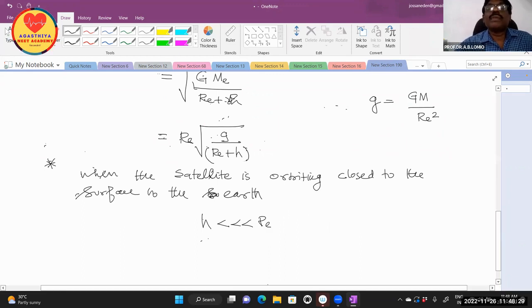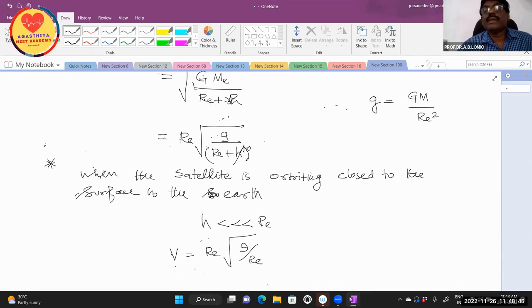So, all of you listen. In the denominator, if you put h equal to 0, the above formula becomes RE square g divided by RE.